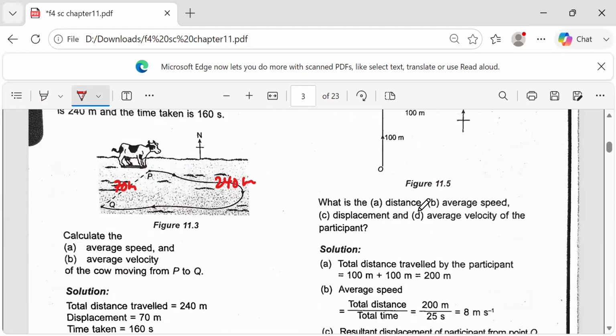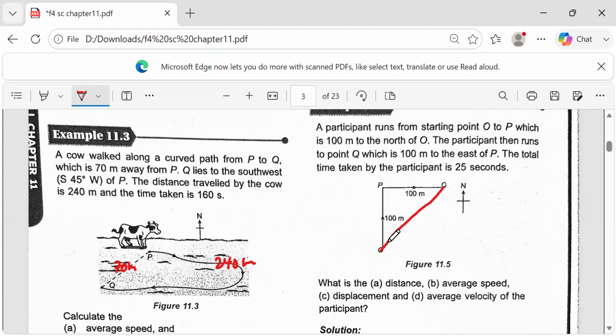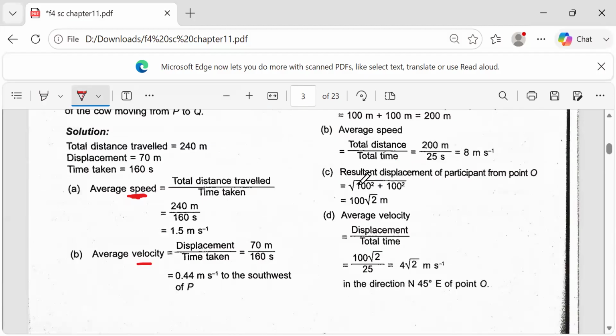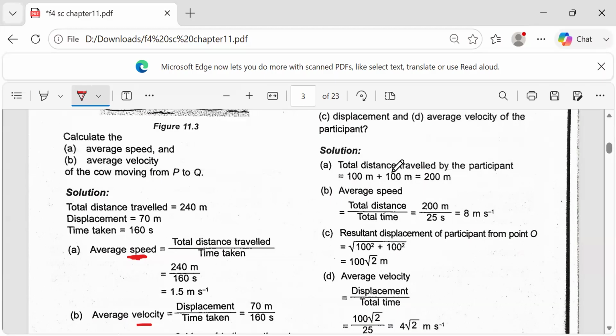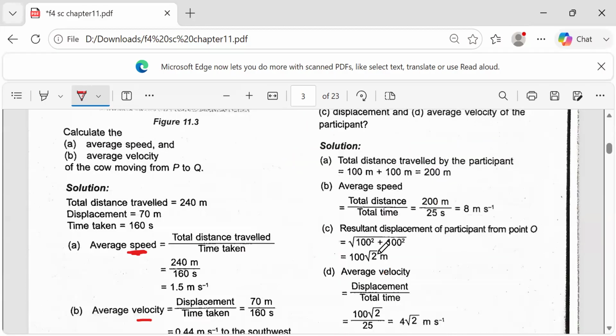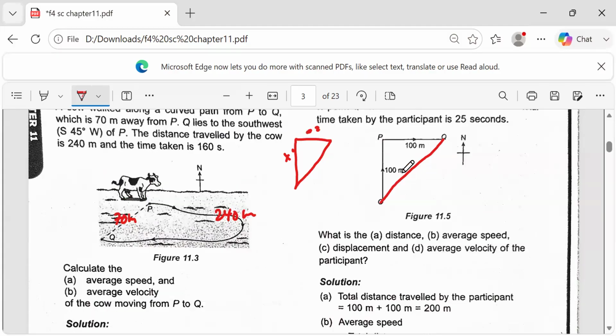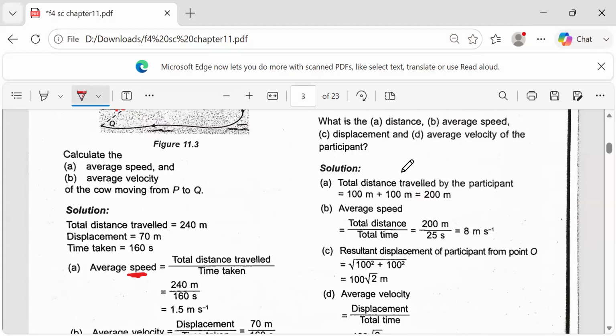They didn't tell us this one, can we calculate it? Yes, this triangle, do you remember how to calculate? This is actually maths, I don't know why they put it here. This is a triangle calculation. If you square this side and square this side, add them together, then take the square root, that is the distance. Have you learned this? No, this is maths. I still don't know why they put here. They should have told you lah.